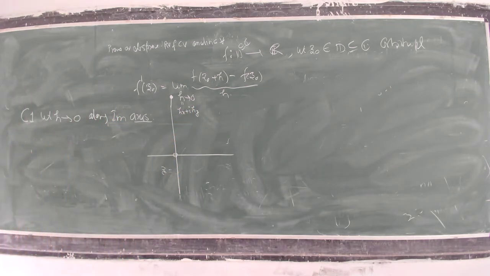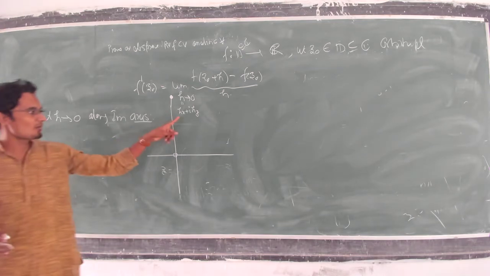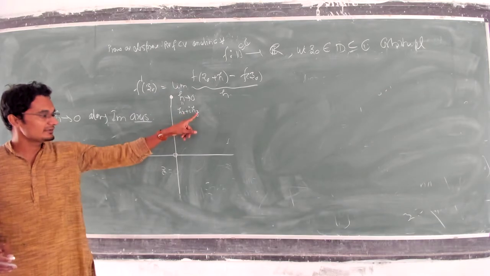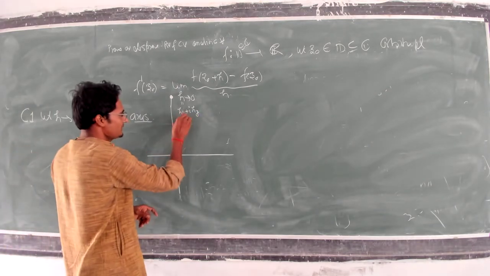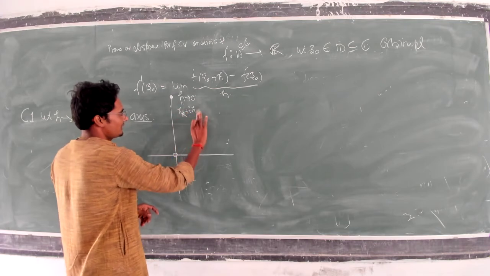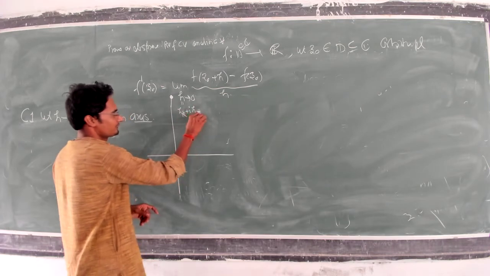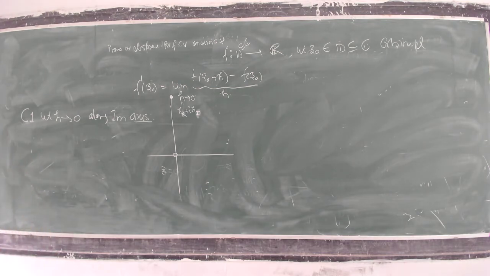Hx means the real part, just the real part of it. Do not think that this is a derivative. Or if you have a problem, then you can write hR, or here you can write hI, the real part of h and the imaginary part of h.